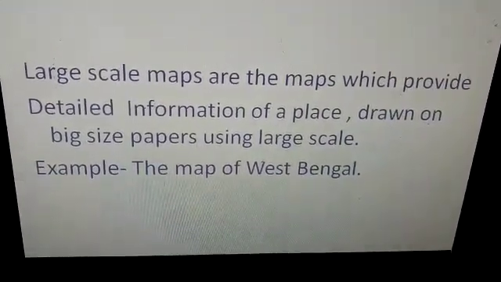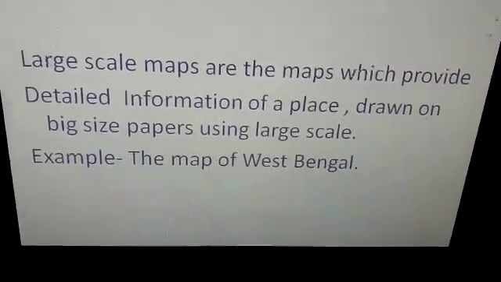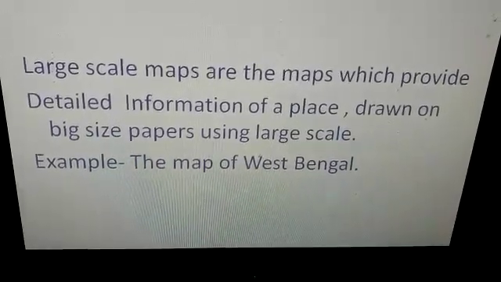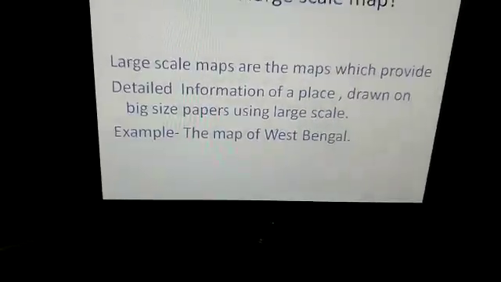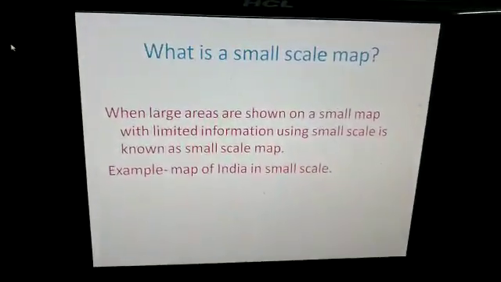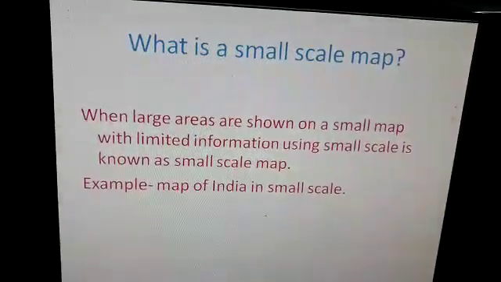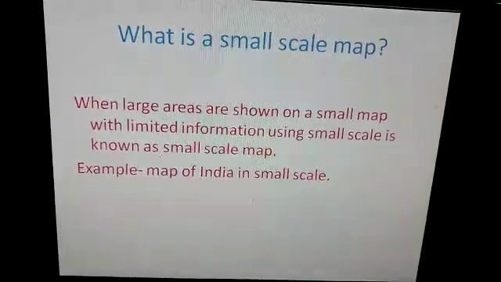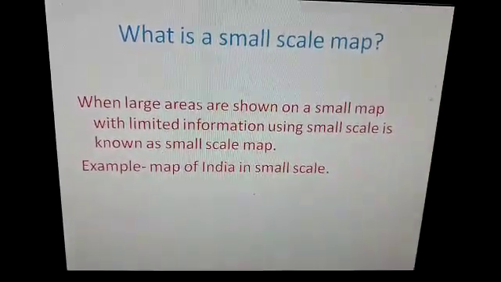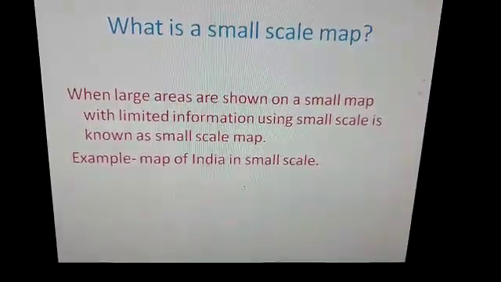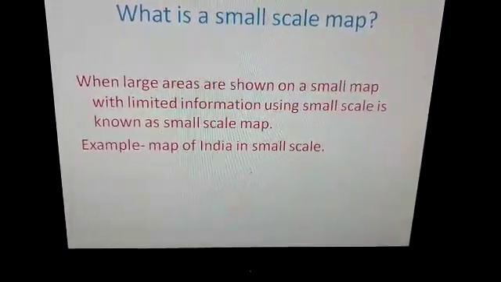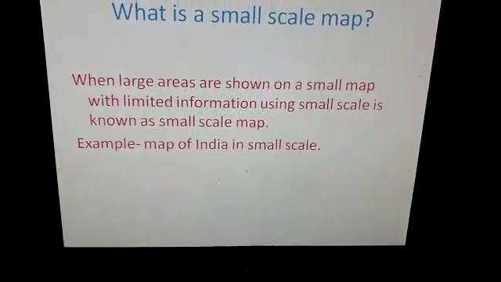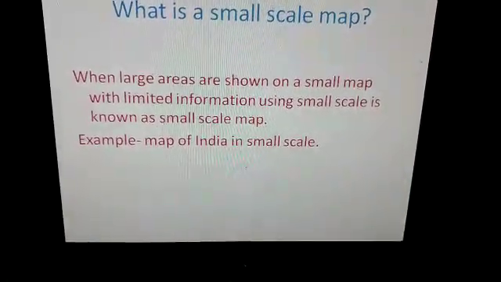For example, the map of West Bengal. What is a small scale map? When large areas are shown on a small map with limited information using a small scale, it is known as a small scale map. For example, a map of India in small scale.